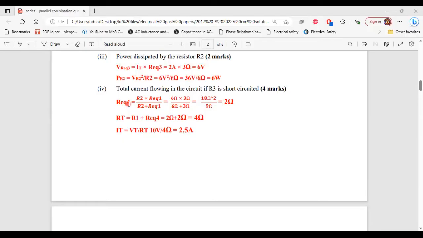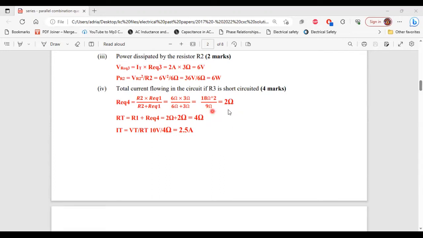And seeing that the two resistors are in parallel, we're going to use the product over sum method. So Req4 is equal to R2 multiplied by Req1 divided by R2 plus Req1. That will give us 6 ohm multiplied by 3 ohm divided by 6 ohm plus 3 ohm. That will give us 18 ohm squared divided by 9 ohm, and we'll end up with 2 ohm.